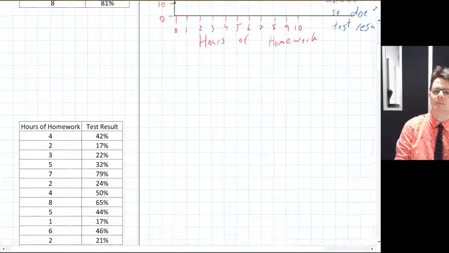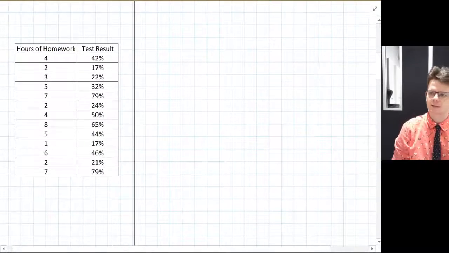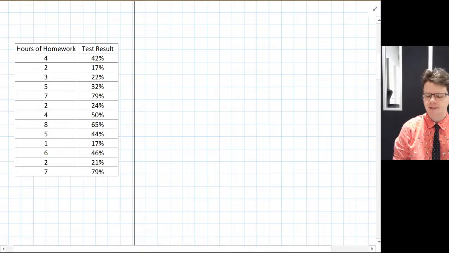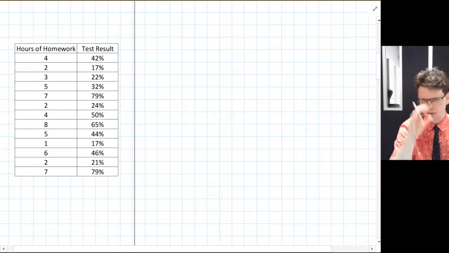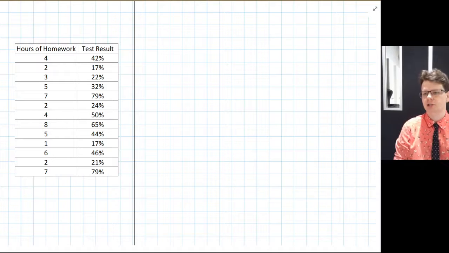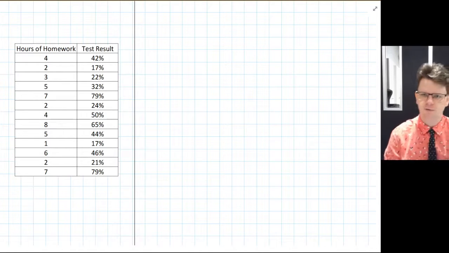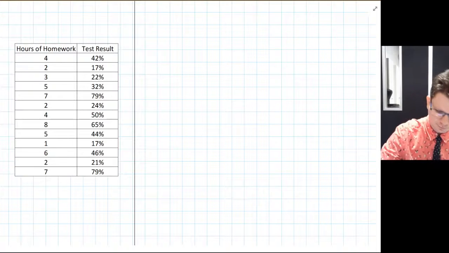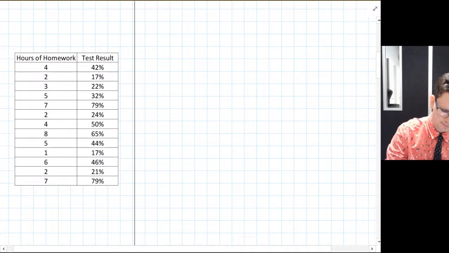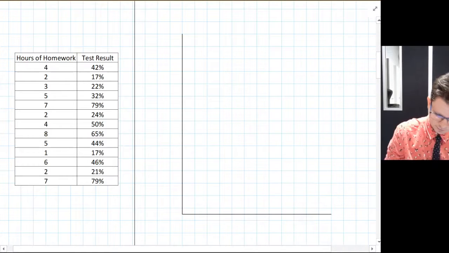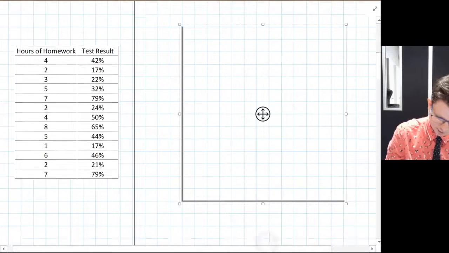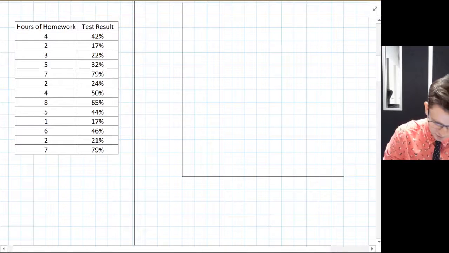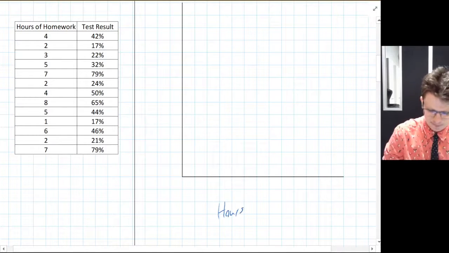Now I want you to have a plot of this data. It's a little bit different. And once again, after you're finished, I want you to tell me what the correlation is and see if you can work out what that means back to the story of the data. Alrighty, let's get started. Got to draw up my axes first of all. So 0 to 10 down the bottom because we're doing hours of homework down here.